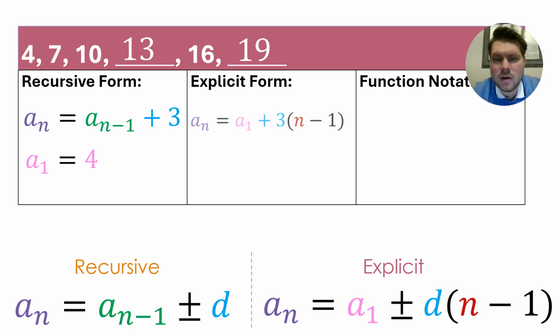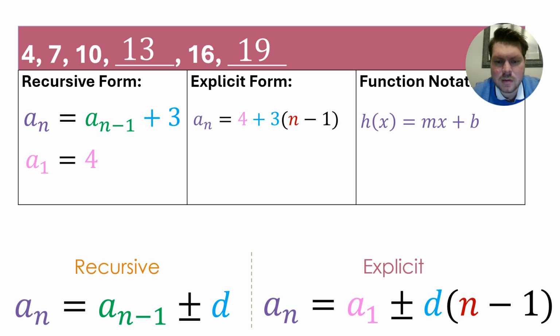Now to find function notation, we could do 3 different ways this time. So I know my M. My M is my slope, which is what it's going up by. It's going up by 3. So I know this is going to be 3x, or something plus 3x.